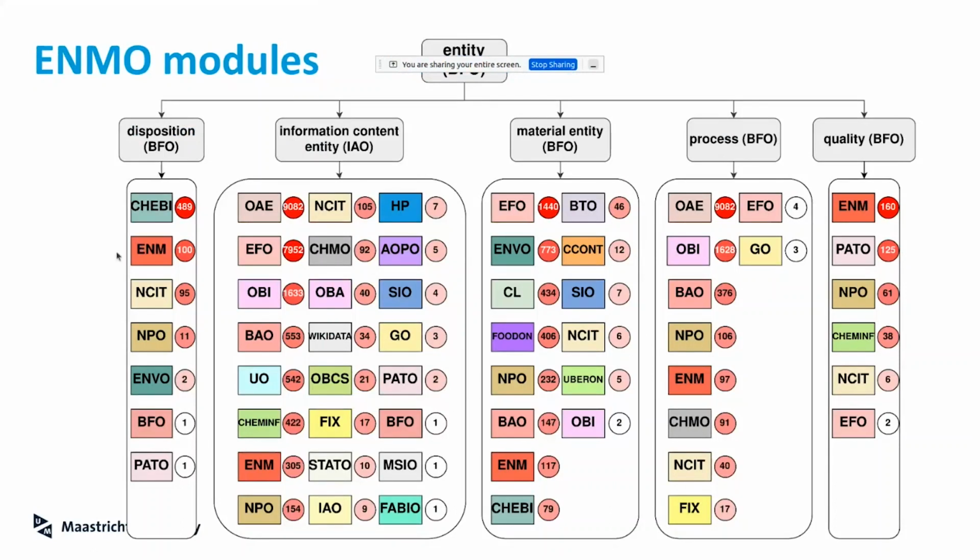The idea behind this diagram is to see that because of this modular approach, where we import from a lot of ontologies, we end up with a lot of different namespaces being used, with a really uneven number of classes and properties being provided from each ontology.